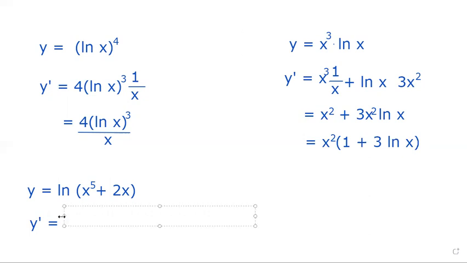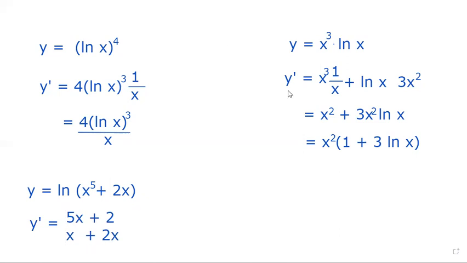What we did, we took the derivative of our function, and that will be over the original function. So in this case, we would have 5x to the fourth plus 2 over x to the fifth plus 2x.